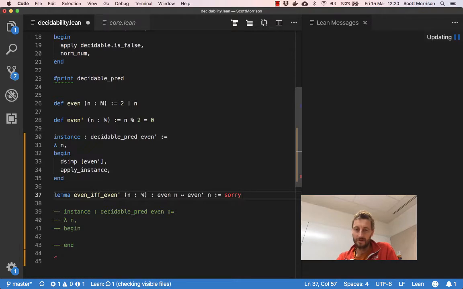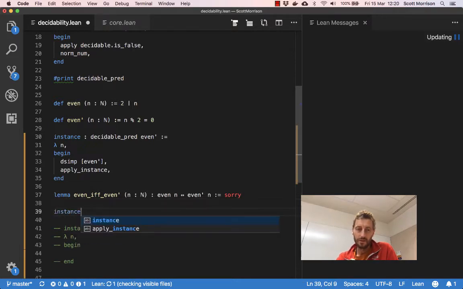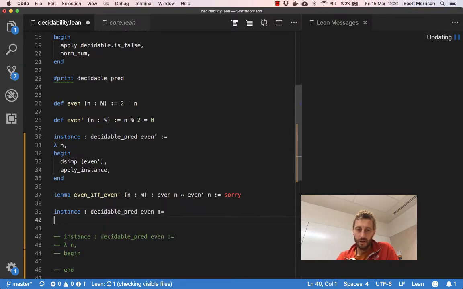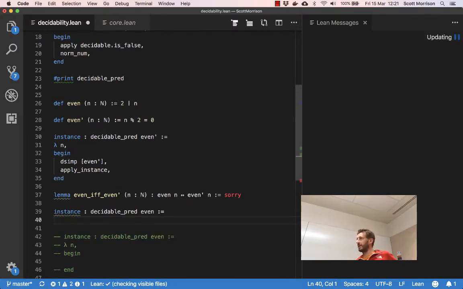And let's imagine that we've proved that. You'd expect now that there's a way of proving decidability of the other version. If one statement is a decidable predicate, but it's equivalent to the other one, we should be able to move across. How on earth are we going to get something like this?